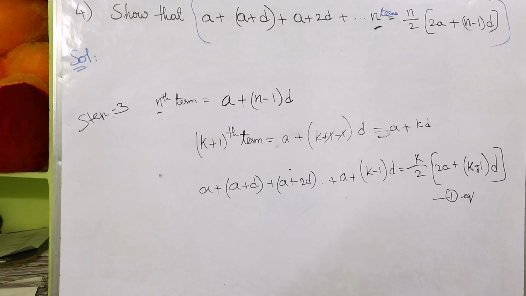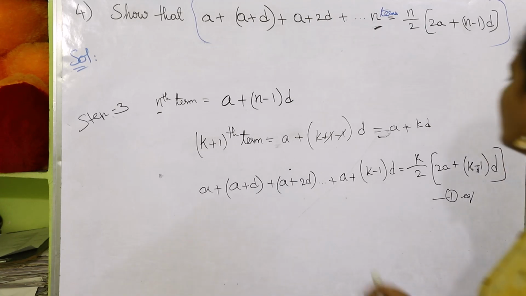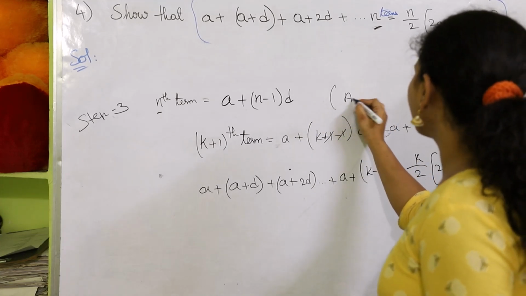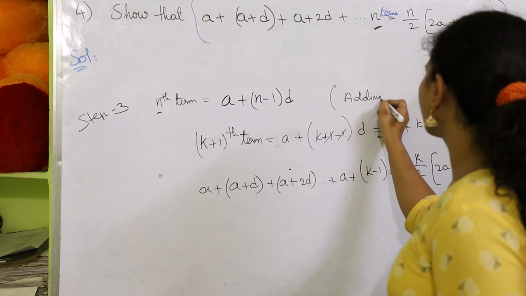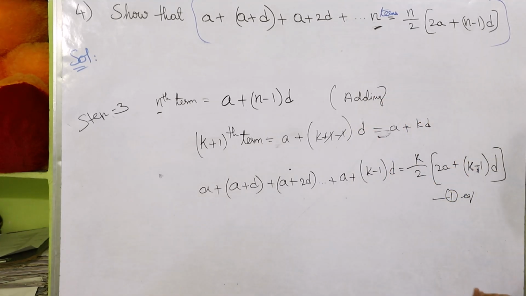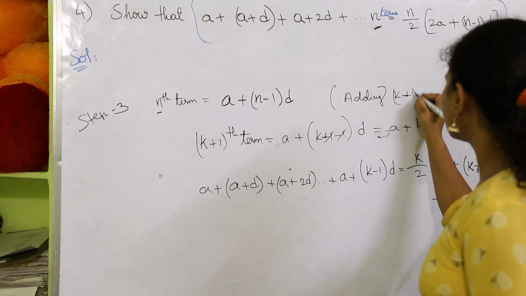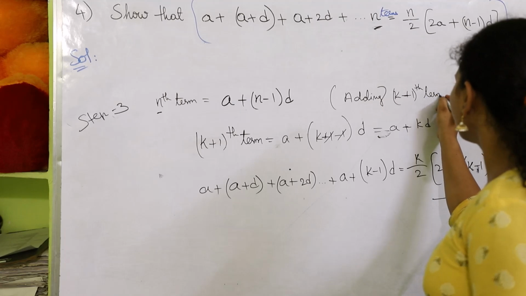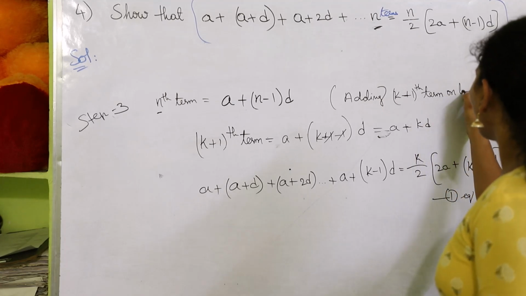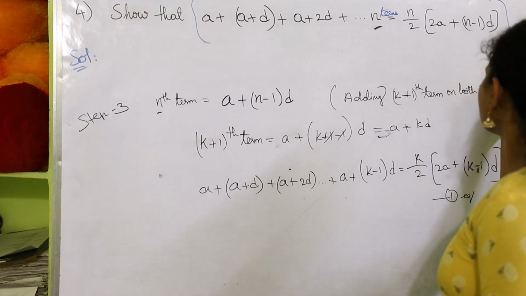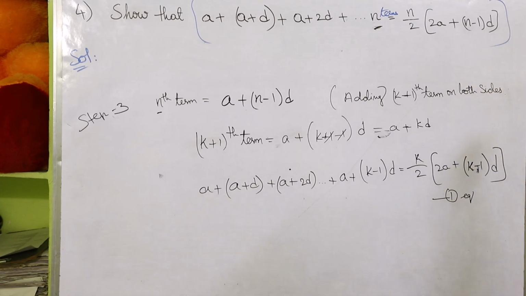Clear? Now guys, here this is the first equation. Here comes one step, remember, this is a very important step: adding the k plus 1th term on both sides in equation 1.